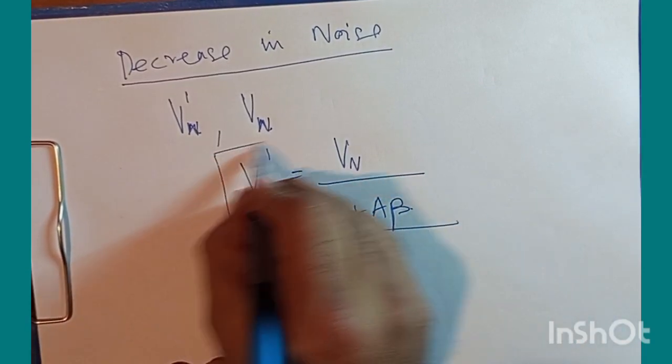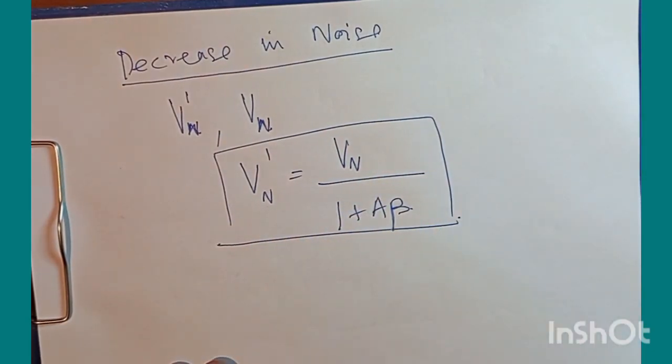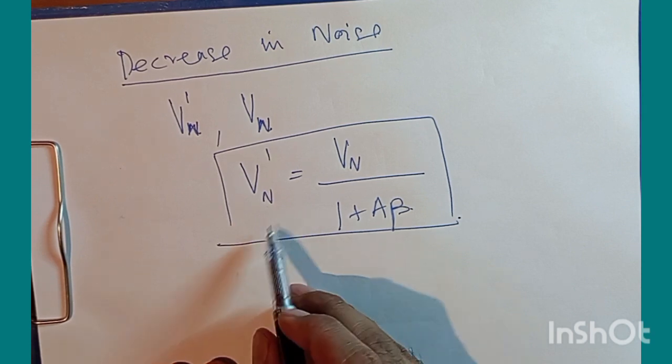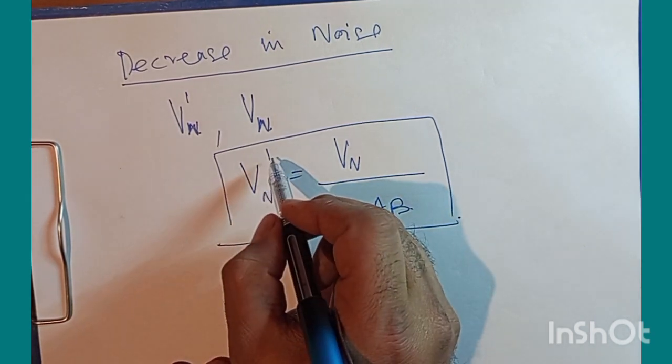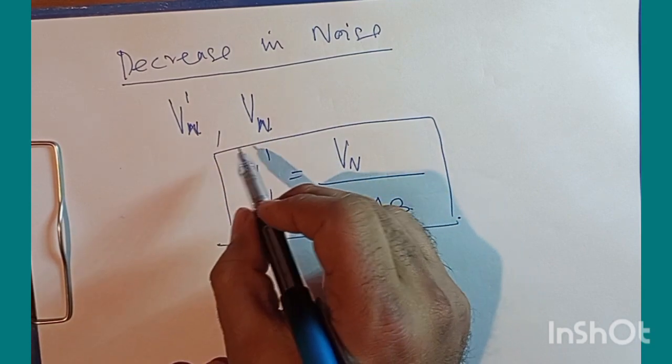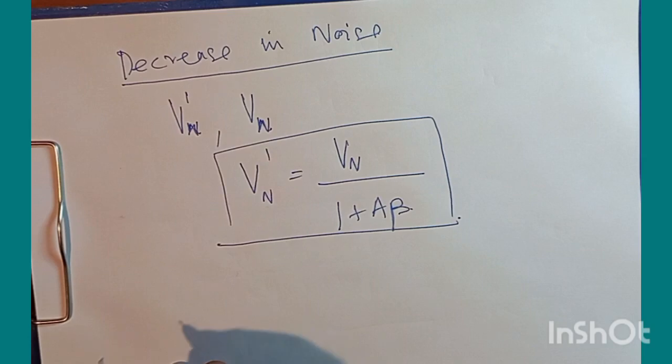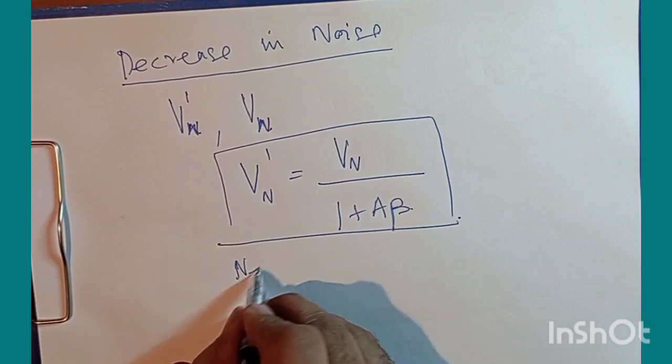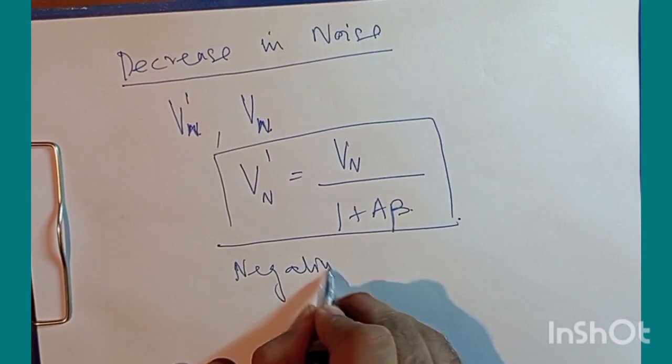So by making use of negative feedback in the circuit, you are going to decrease the magnitude of noise.